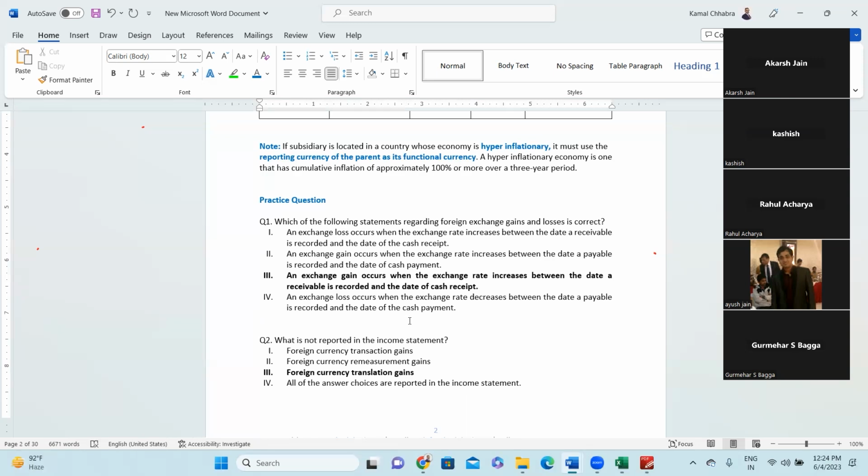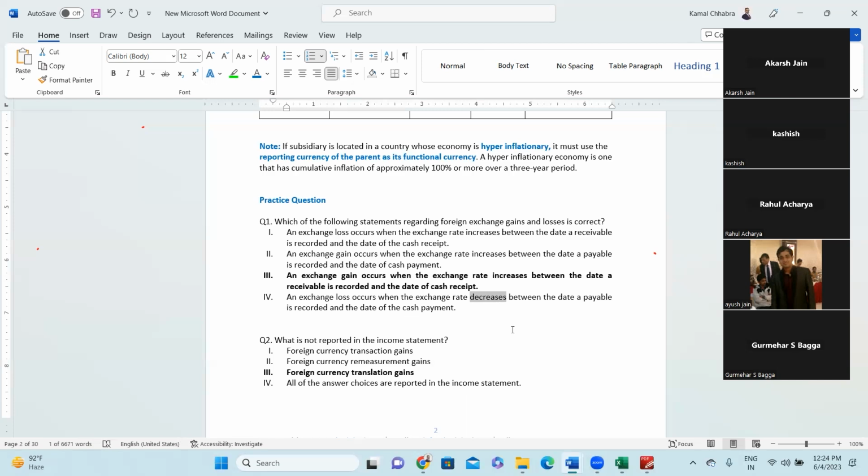An exchange loss occurs when exchange rate decreases between the date of payable is recorded and the date of cash payment. Sir, this would be a gain. Decrease. Right? Because the exchange rate is decreasing, so it results in a gain.